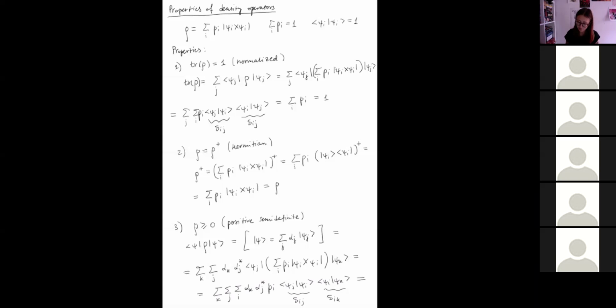And hence, the only thing that we are left with is the sum over i, pi, alpha i conjugate, which is the sum over i, pi, alpha i modulus squared, which is bigger or equal than 0.